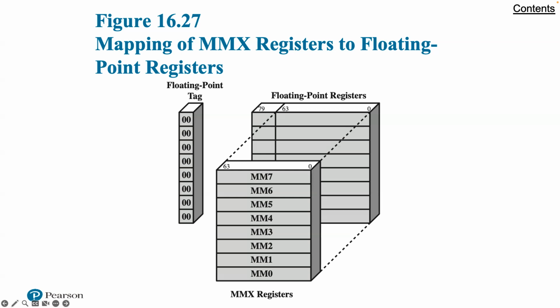Specifically, the lower order 64 bits, that is the mantissa of the floating point registers, are used to form the 8 MMX registers. And so we have another word here, mantissa, which we haven't used previously, but you think of scientific notation. So the mantissa is what you're going to be multiplying by the 10 times something to the exponent.